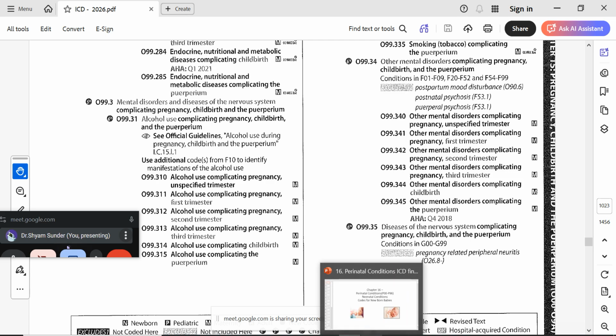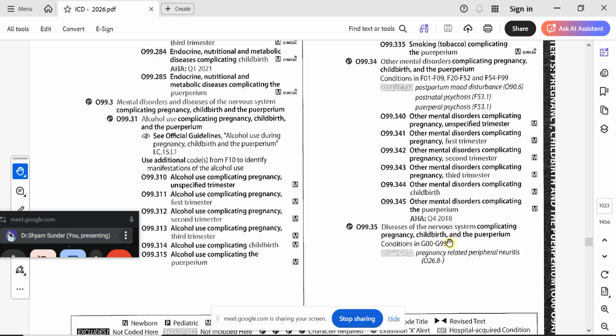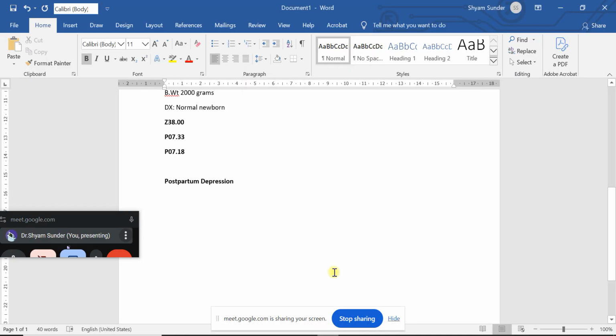Then there was another question yesterday. Sequela of CVA. The patient is with dysphasia due to old CVA. The patient had a brain stroke in the past.